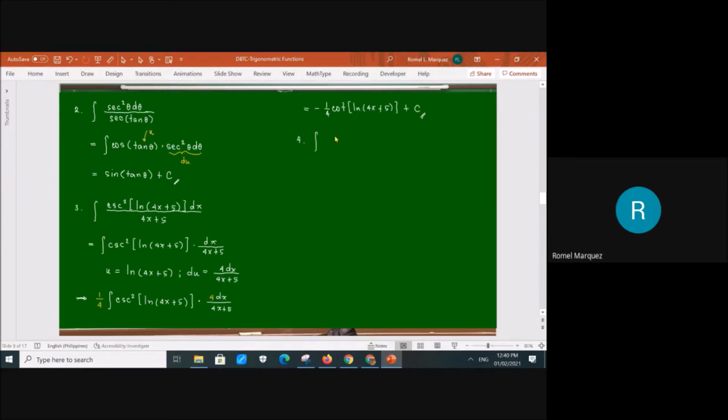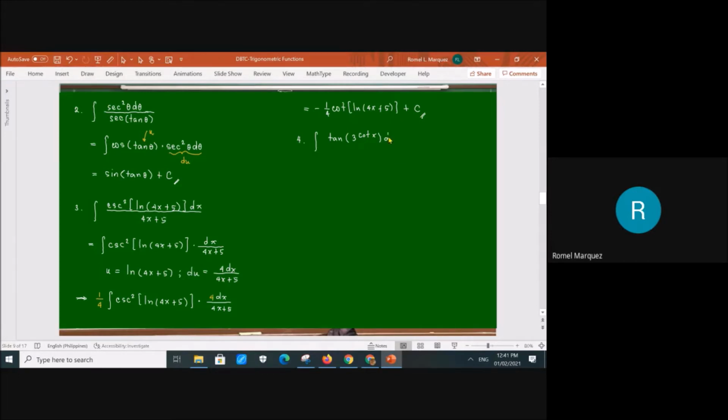So let's have tangent, and then I have here 3 to the cotangent x, then multiplied by dx.